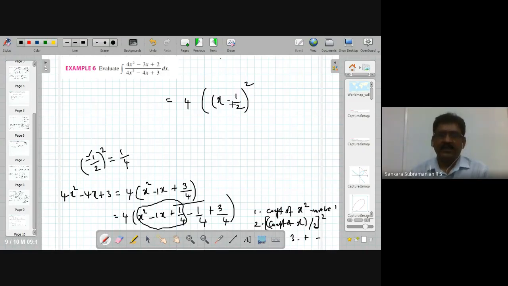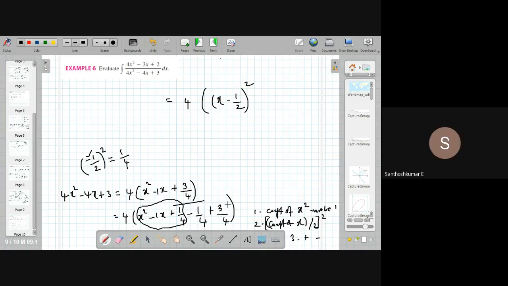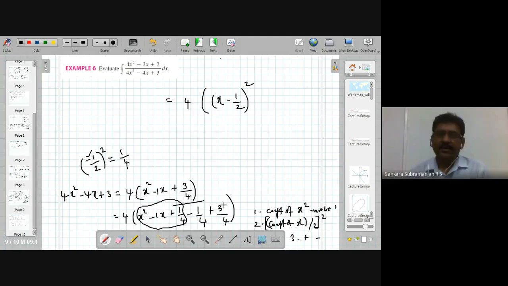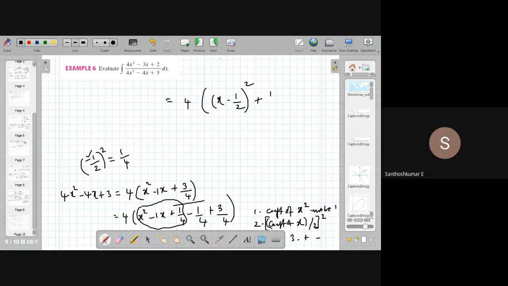So first 3 terms make it as a perfect square. இந்த லாஸ்ட் 2 டேர்ம் கூட்டி கழிச்சோம்னா -1/4 plus 3/4 equal to 2/4, plus 1/2.